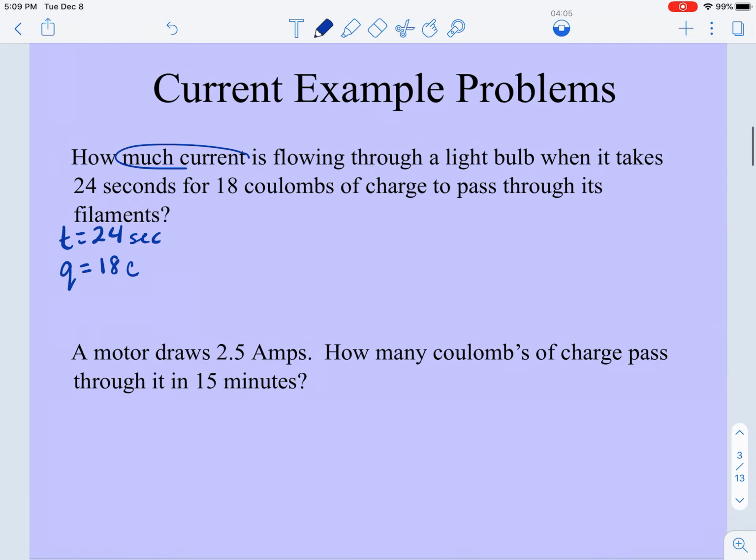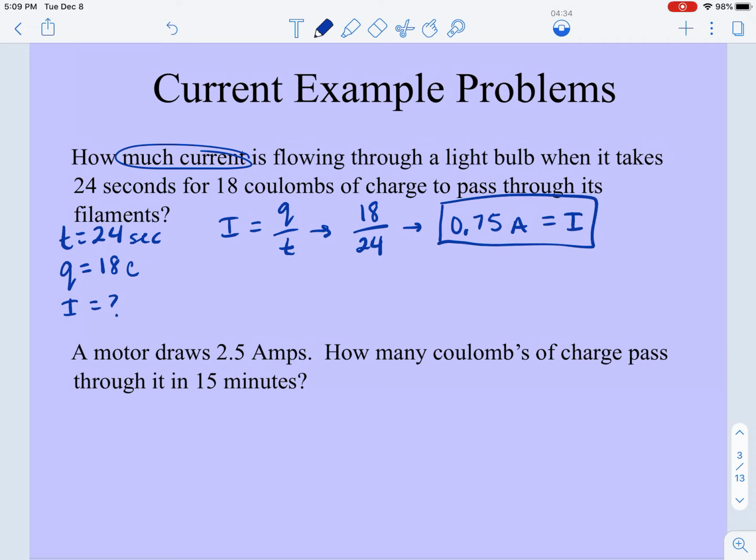My charge, 18 coulombs, is a really big charge, but that's okay. They want to know how much current, so I is what I am solving for. So my formula is I is equal to Q over T. For this question, we are simply going to divide 18 by 24.